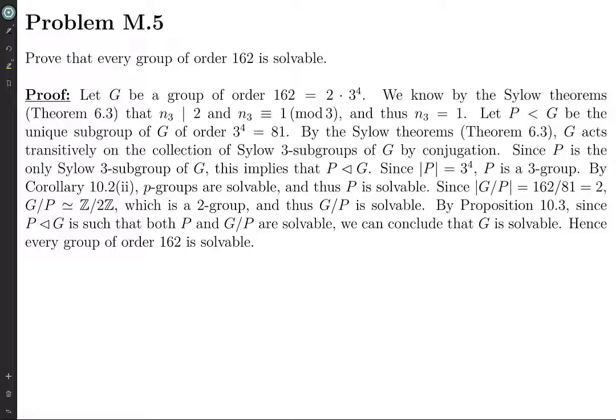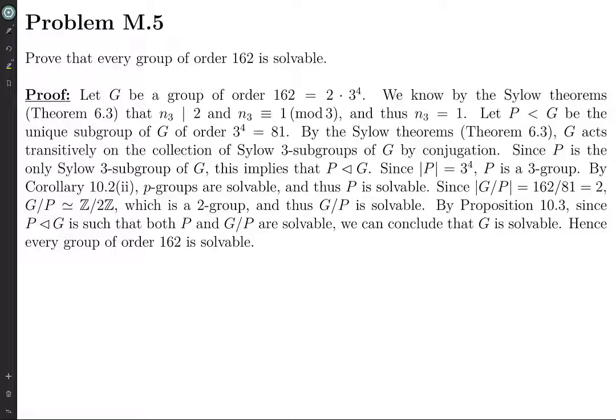But since we've only got one Sylow 3-subgroup, conjugating P by any element is going to give you P, and so P is normal. This is a very standard trick in these Sylow theorem problems, is that if you've got only one Sylow p-subgroup for some prime p, then that subgroup must be normal. So anyways, we've got a normal subgroup, so that's nice.